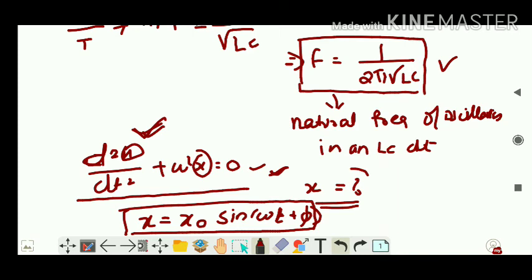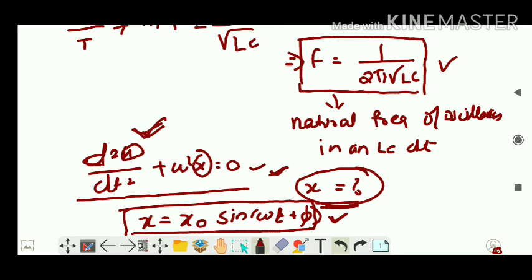Now what is x? x is the displacement of a simple harmonic or oscillatory motion, and the expression for displacement is x is equal to x naught sine omega t plus phi, where phi is the initial phase, omega is the angular frequency, and x naught is the maximum displacement of an object from its mean position, which is undergoing an oscillatory motion. Or you would write y is equal to y naught sine omega t plus phi if the motion is in the y direction. Clear?